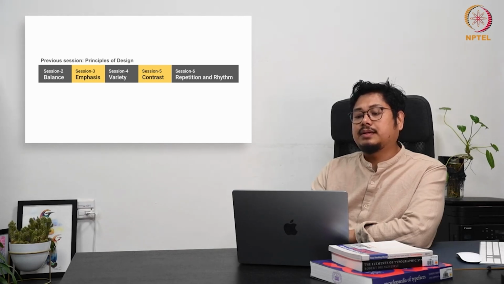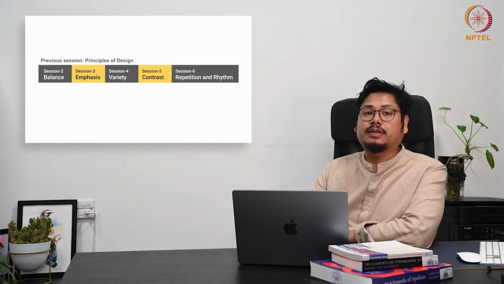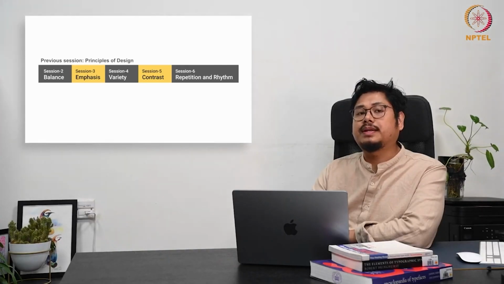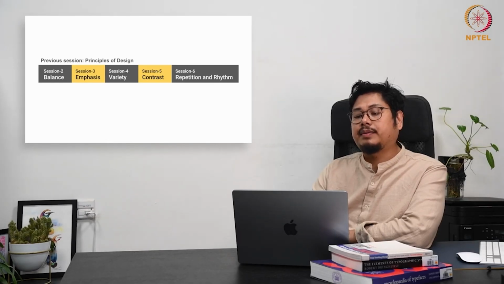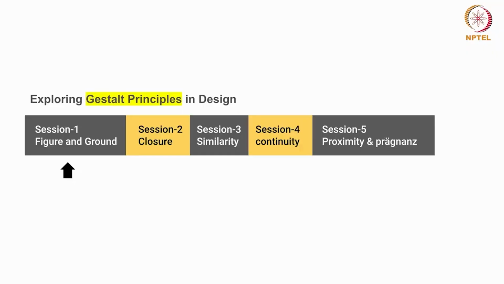In the recent session, we talked about repetition and rhythm, and how repetition plays an important role in creating uniformity or relationship in a composition, right? And apart from that, rhythm, how it helps the flow of the composition to be navigated. So in this session, we'll try to understand what Gestalt's principles are and how they impact design, right?